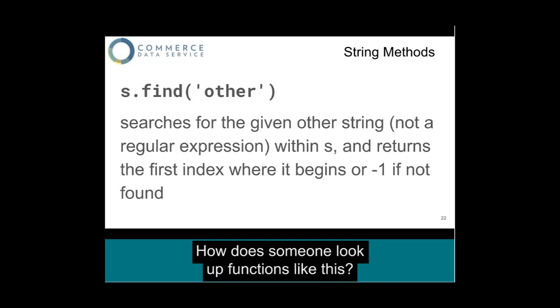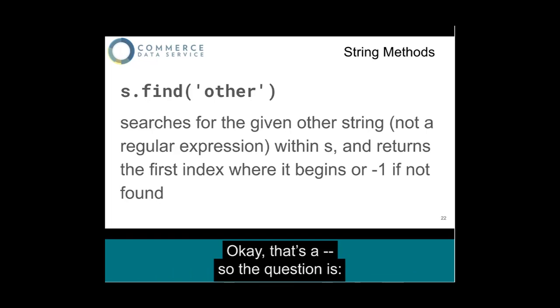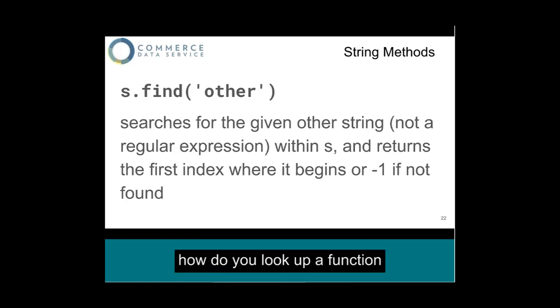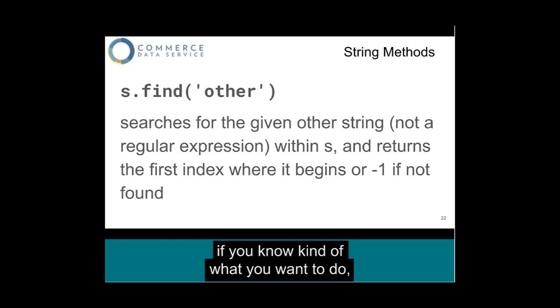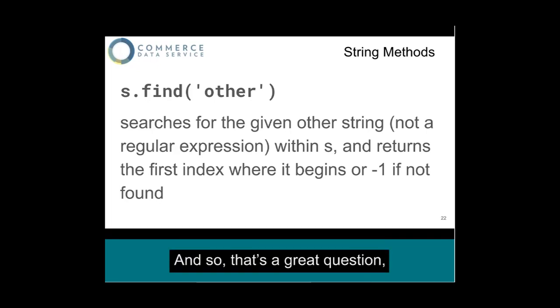How does someone look up functions like this? If you kind of know what you want the function to do, how do you look it up? The question is, how do you look up functions if you know kind of what you want to do, but you don't know the actual explicit command for it? That's a great question, and the answer is that, thankfully, Python is super popular.